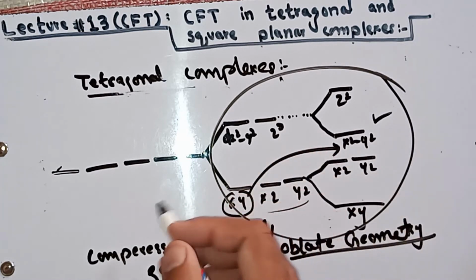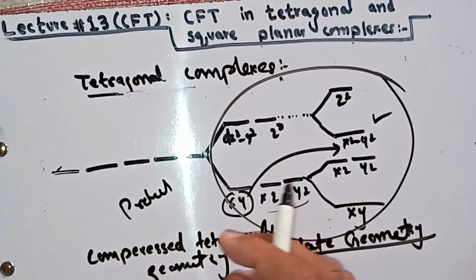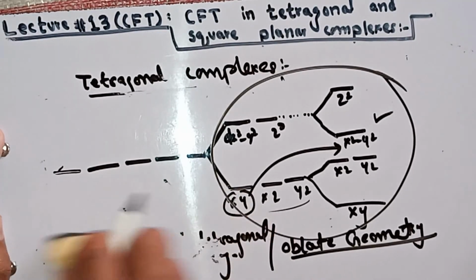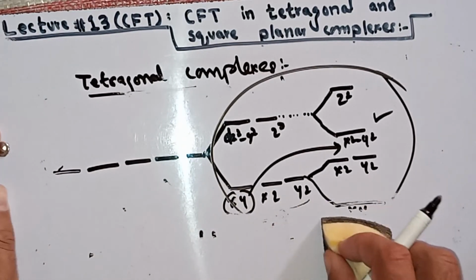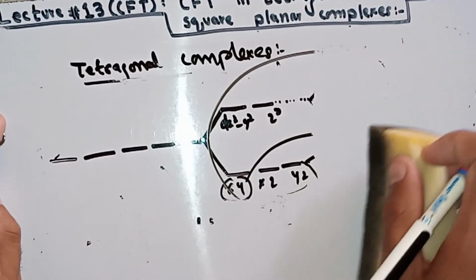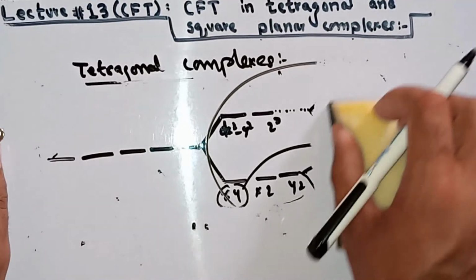So that's why prolate geometry will be formed. And what will happen in prolate geometry?